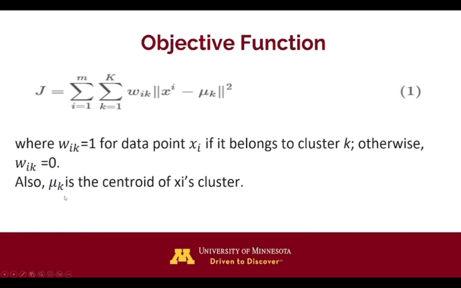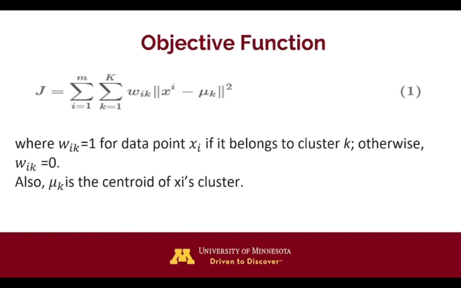And of course, don't forget, the mean of each cluster also becomes a random variable, because we compute the cluster mean and we update it. Because of that, we have two variables that we want to minimize over, and we are looking for the optimal values for these two variables.